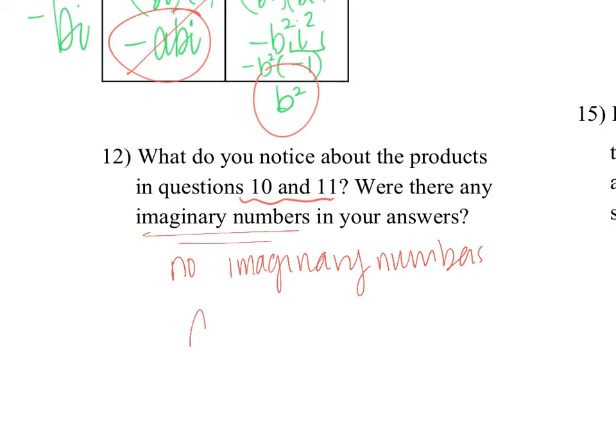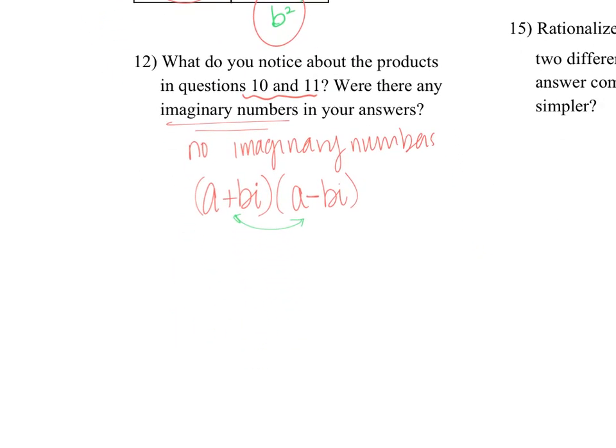And that's anytime you take a complex number times the same exact complex number, but with a negative inside. These guys are called conjugates. And you can see from number 11 that this will become a squared plus b squared.